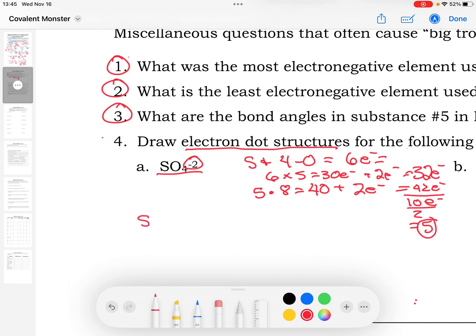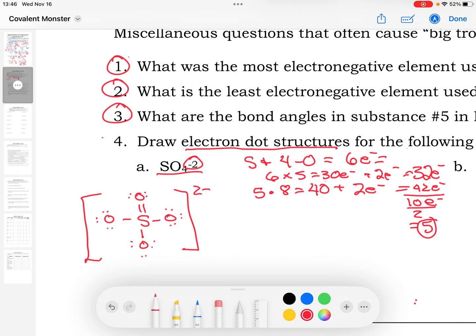So in order to do this, I would have to use this format, and I'd have to put this in parentheses and give it a 2 minus.